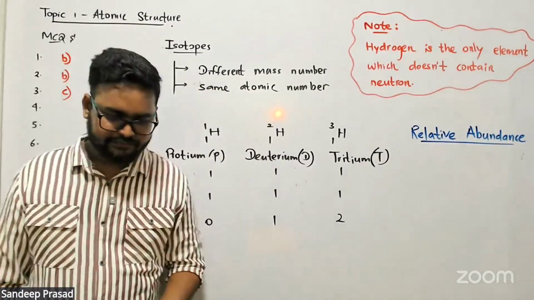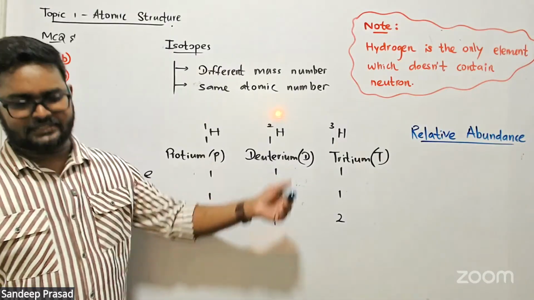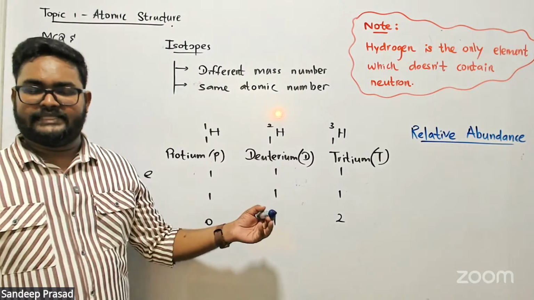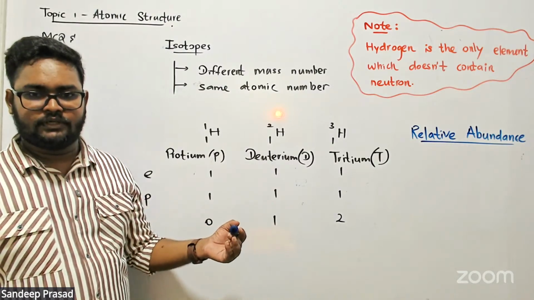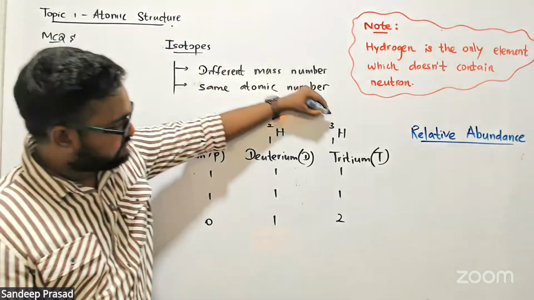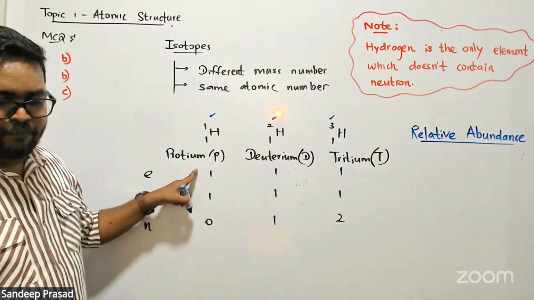Abundance means capacity, right? Availability. Understood? So now when you consider protium, deuterium and tritium, relative abundance is high in protium.